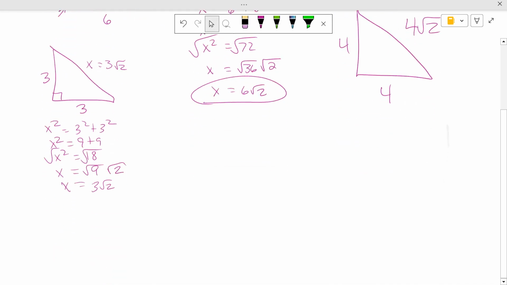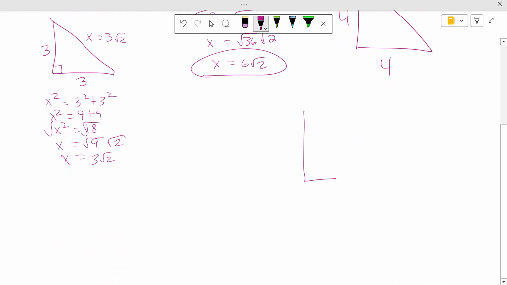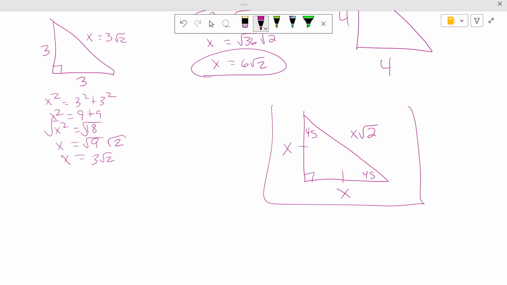So this is how 45, 45, 90 triangles work. Whatever this is and this is, the hypotenuse is the square root of 2 times a leg in a 45, 45, 90 triangle. You good with that? 45, 45, 90.